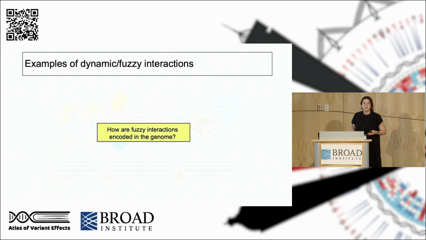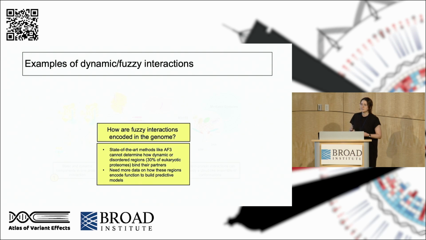So the main question that I was interested in for this project was how are these interactions actually encoded in the genome? The reason that I'm interested in this question is because while we have some really amazing methods right now, like AlphaFold 3, for example, which just came out 2 weeks ago, these methods can't really determine how dynamic or disordered regions bind their partners.